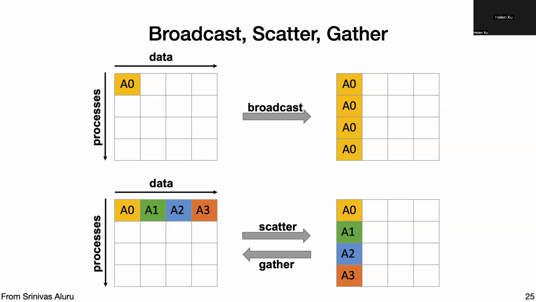And then at the end, process 0 has 0, process 1 has 1, process 2 has 2, process 3 has 3. And gather is just the reverse of that. Every process has some data that it needs to collect onto one processor. And again, the rank does not always have to be 0, but it's illustrated this way for simplicity.